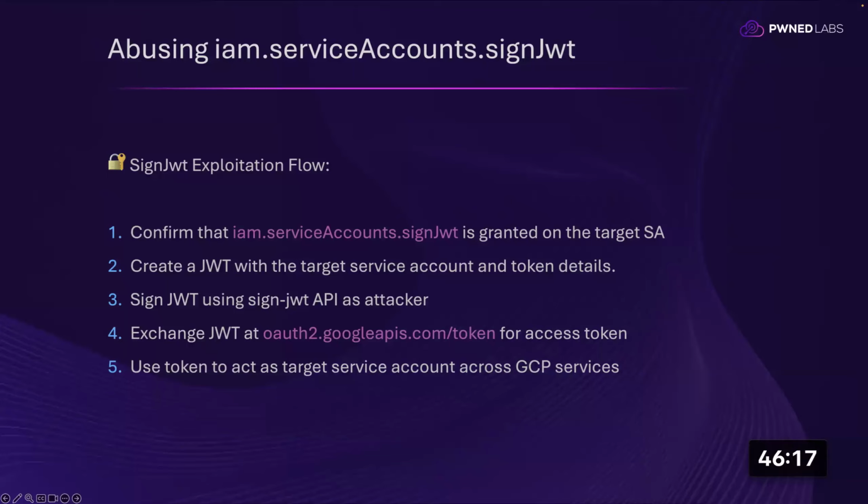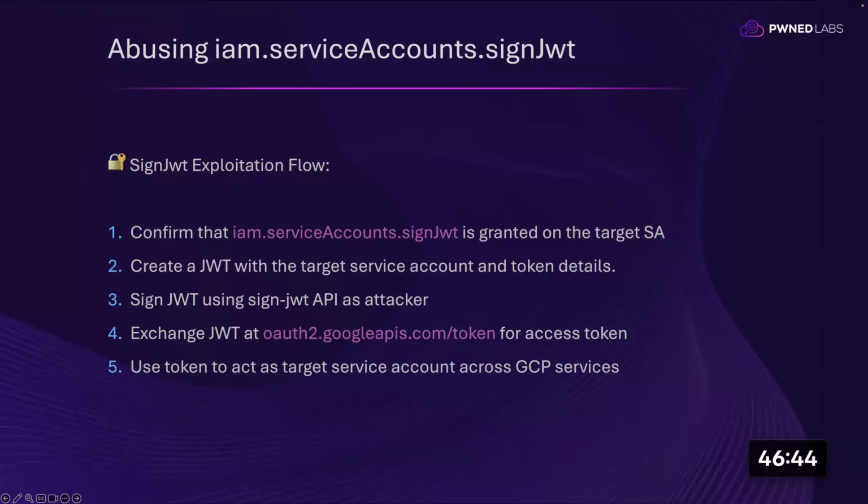There's a binding in the IAM project that says for this principal, the target service account binds this role that contains this permission with this other account that we want to delegate access to, or to be able to sign JWT as us.